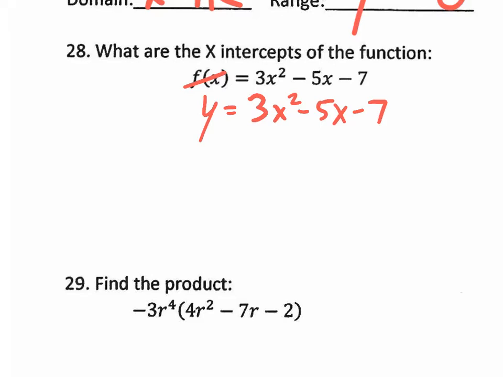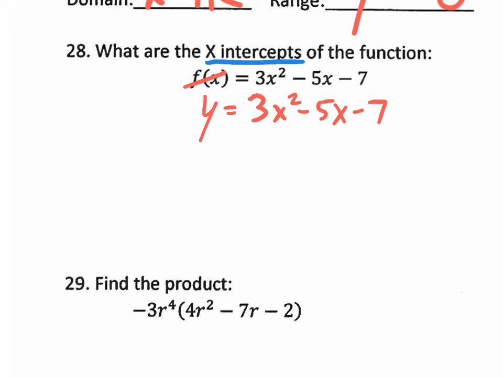The x-intercepts are the location where your parabola will cross the x-axis. And we should know that those locations, those x-intercept values are really the answer to the quadratic equation.